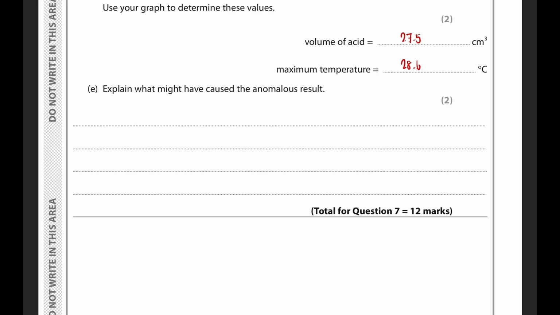First one, the temperature was taken too early, so the highest temperature was not reached.